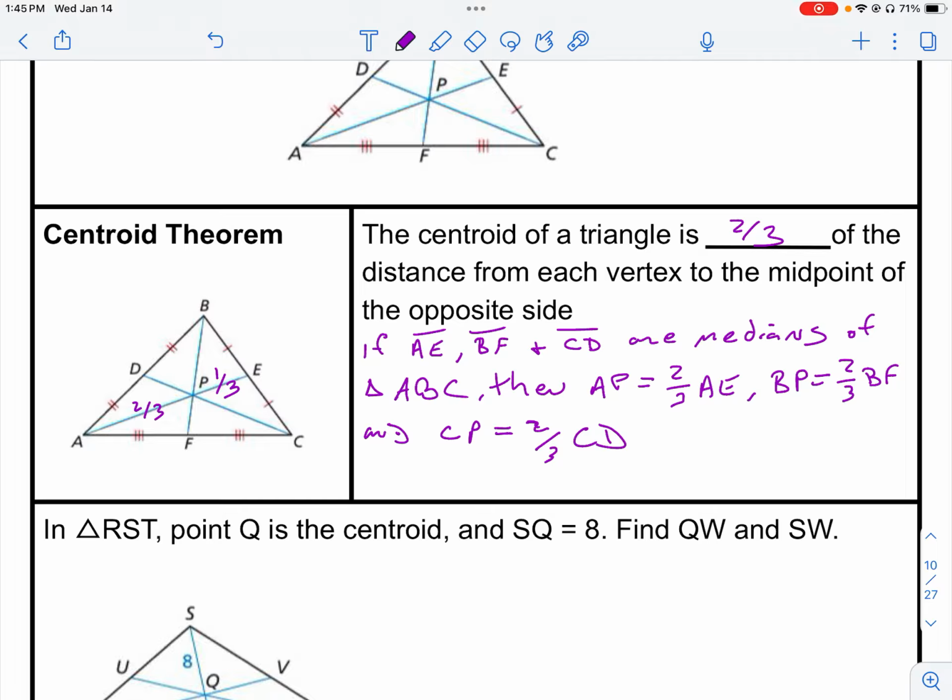So the 1/3, 2/3 will apply to each median. That's the superpower of the centroids.